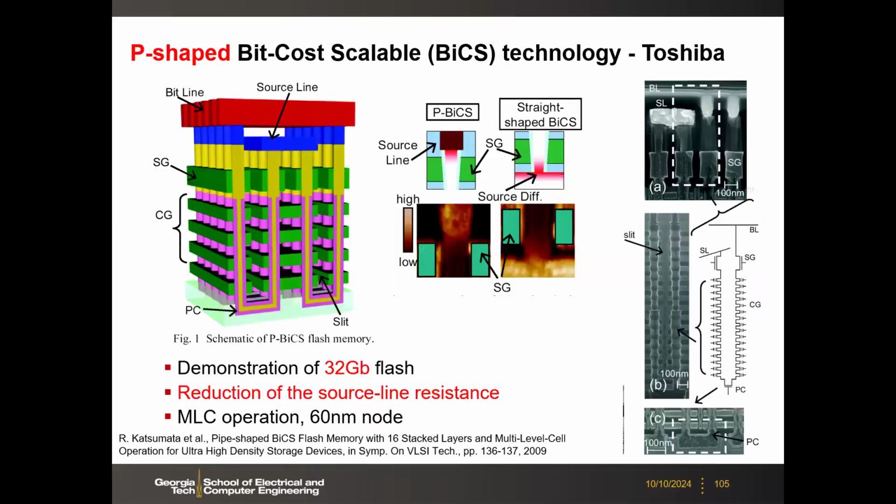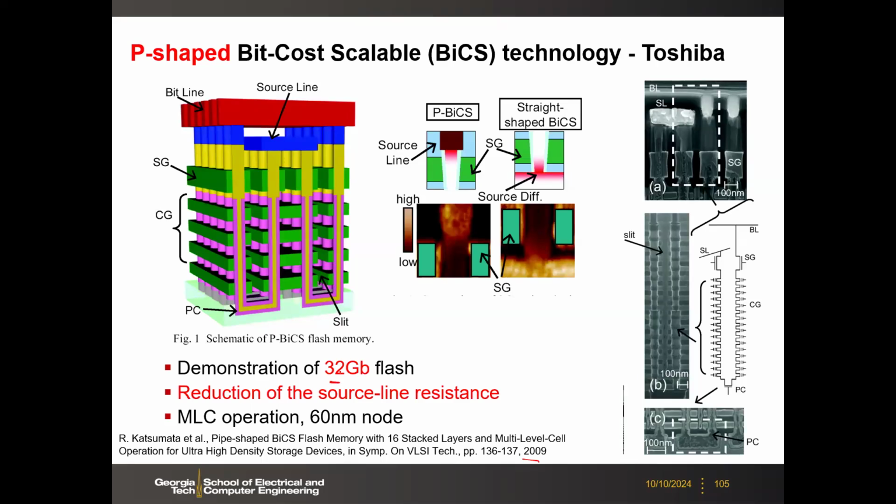Okay, so then let's talk about some additional papers. As I said, in Symposium VLSI 2009, Toshiba published the second generation of this technology, still in the research phase. But they managed to demonstrate a 32 gigabit prototype chip.